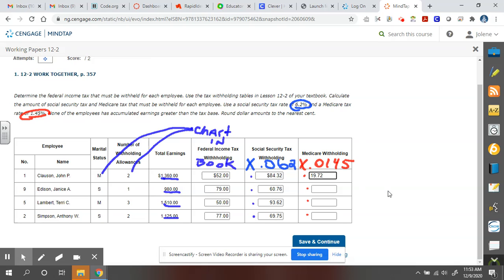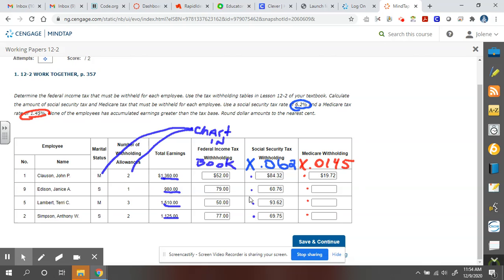Now over here with the Medicare, $19.72 is what I got for that one. If I'm John, then $19.72 is going to come out of my earnings and go to my account for Medicare, but my employer is also putting in $19.72 under my account.